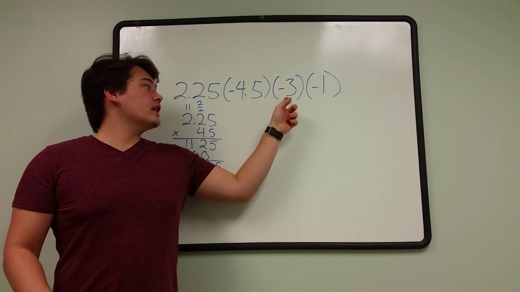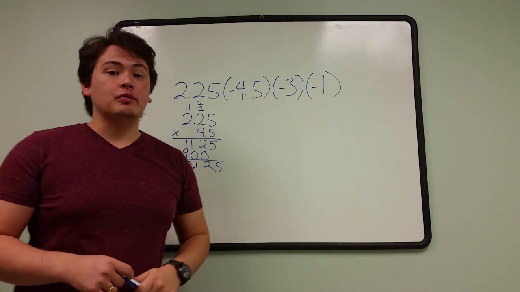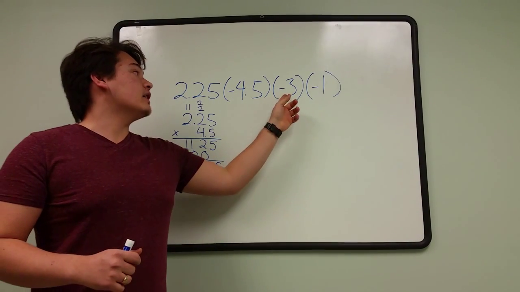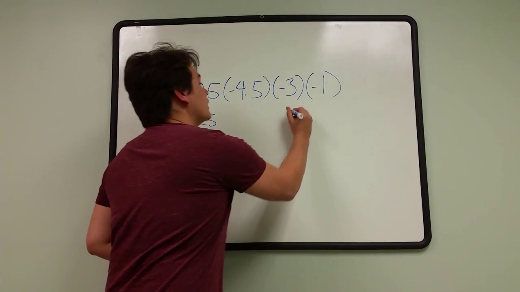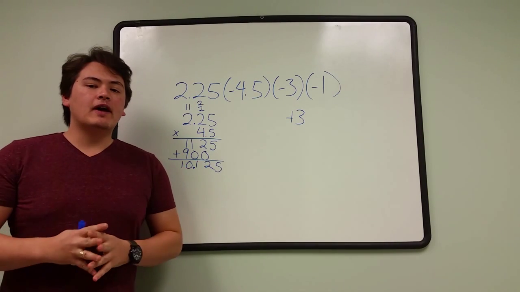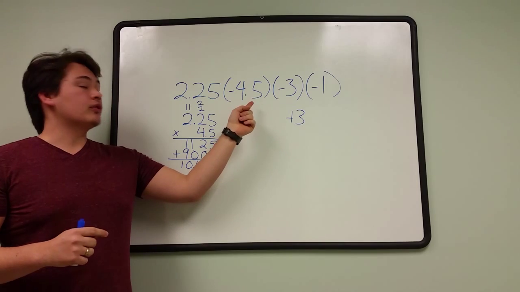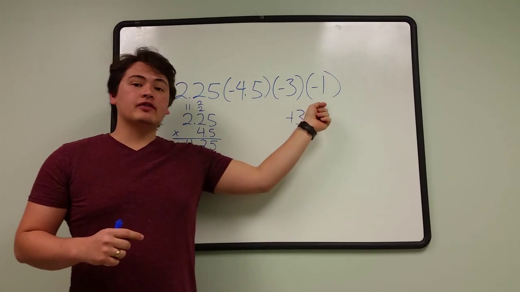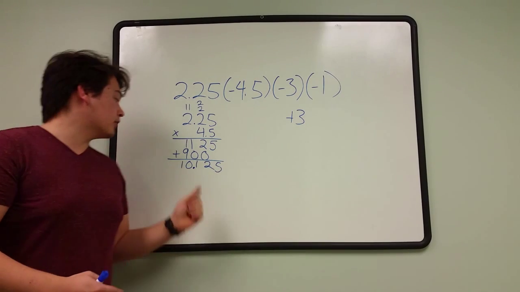So now that we've multiplied these two numbers together, we're going to multiply these two numbers together. When you multiply a negative number by another negative number, the answer is going to be a positive. So a negative 3 times a negative 1 is going to give me a positive 3. Now that we found the result of multiplying this number by this number and the result of multiplying this number by this number, we're going to multiply the results together.